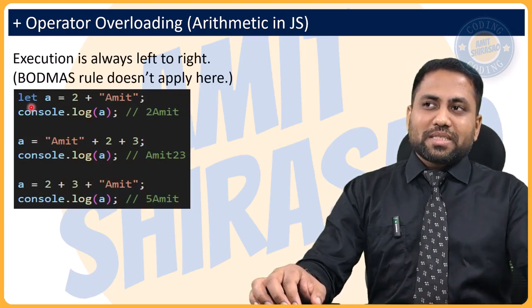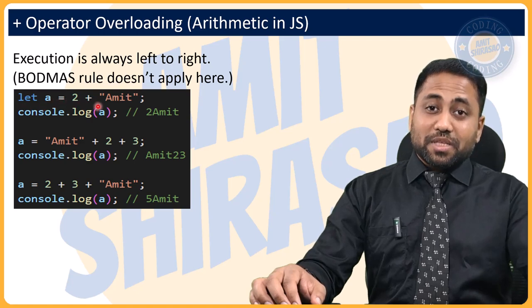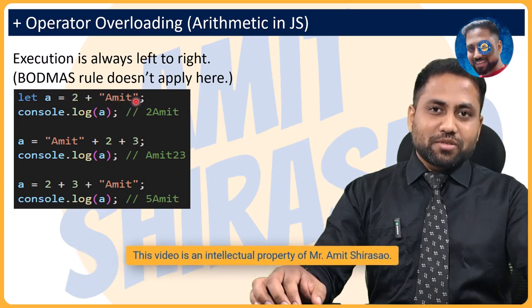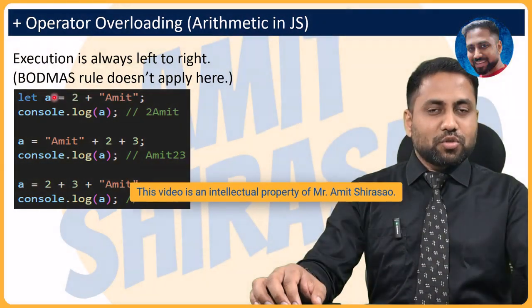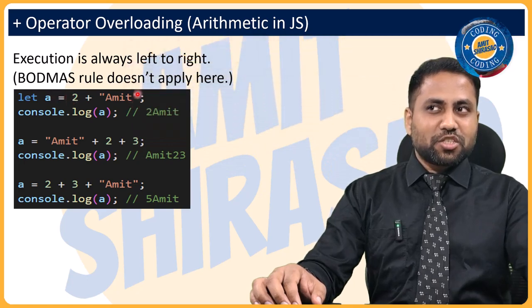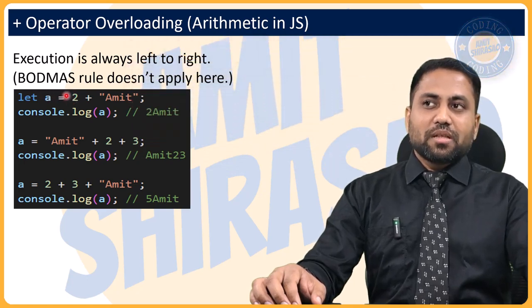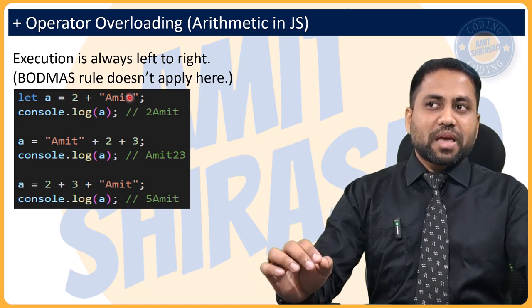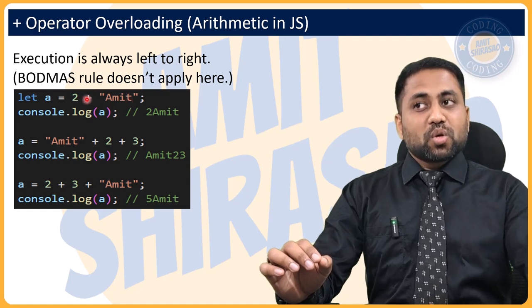So let us say I write let a is equal to 2 plus Amit. Now see, I am assigning two different literals to a. Basically I am assigning the value of this expression to a. This expression consists of two literals, one is a number and another is a string.